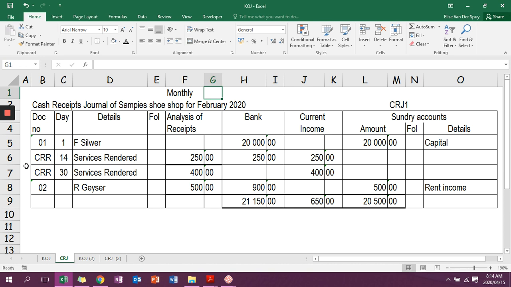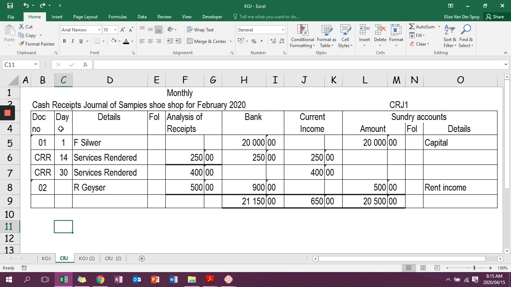But for instance, a garden service that drives around is not going to have a till in their bakkie while driving around. So they will have an invoice book, and it will probably look something like invoice number 4, invoice number 5. So you will just need to read carefully. If we have a till, then it's CRR, or if we have an invoice book, then it will be an invoice number.